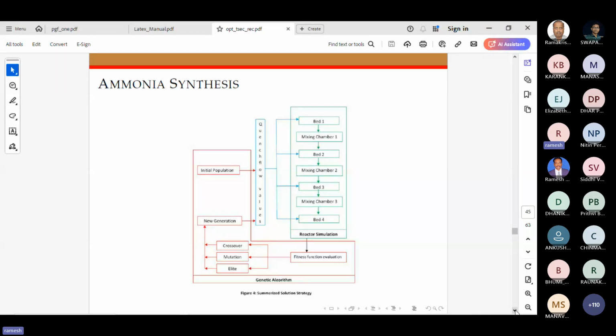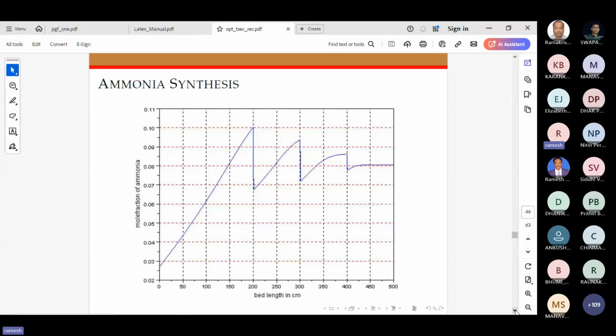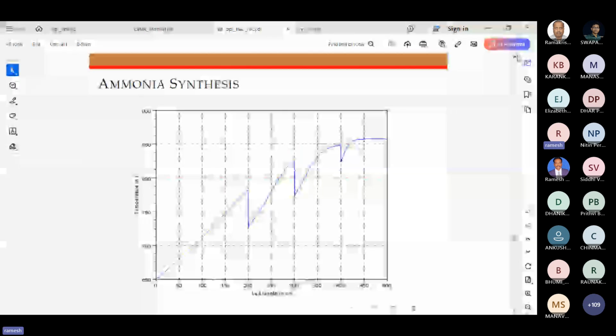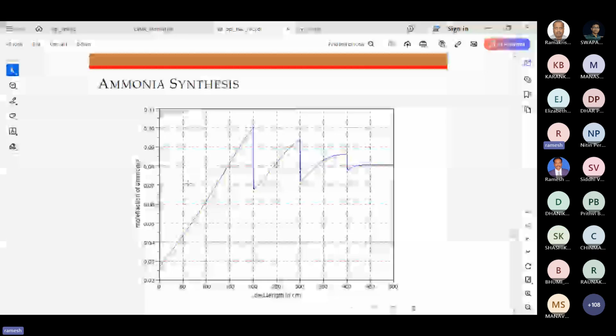So this is a realistic, very large problem, and it requires algorithms like genetic algorithms. So we used that and we solved it. This is the initial profile of the mole fraction of ammonia.